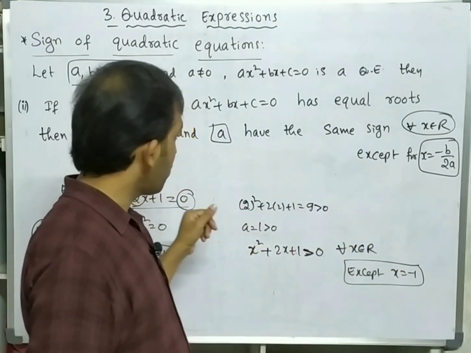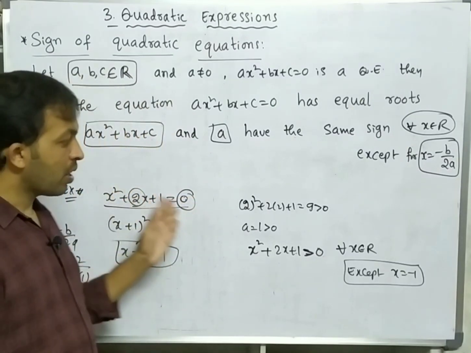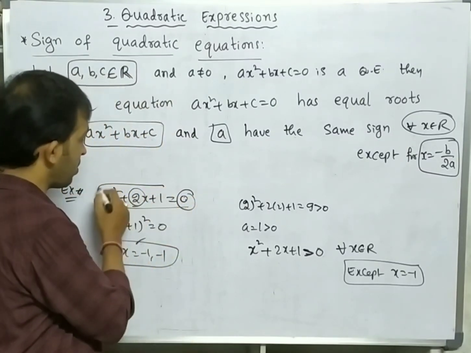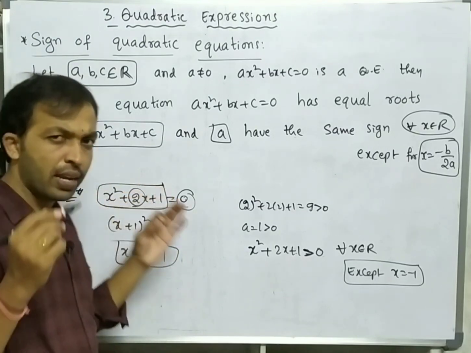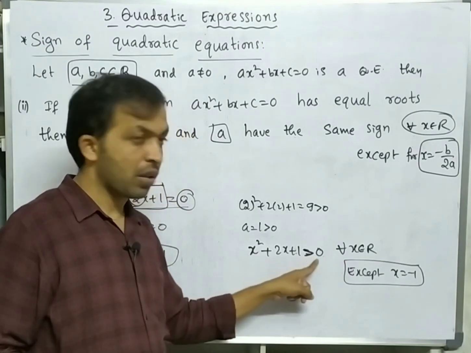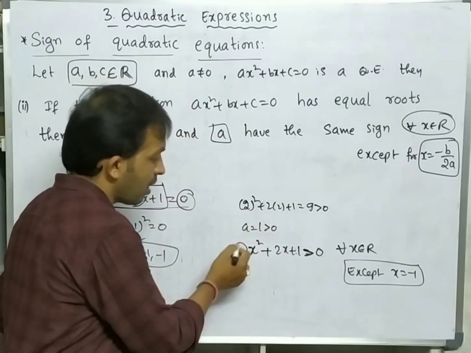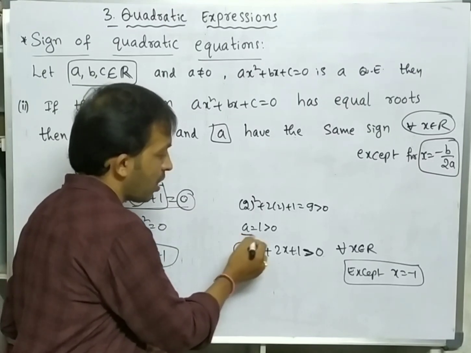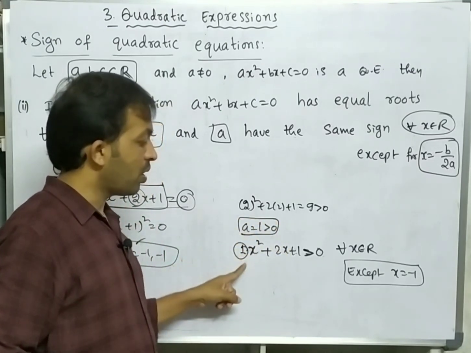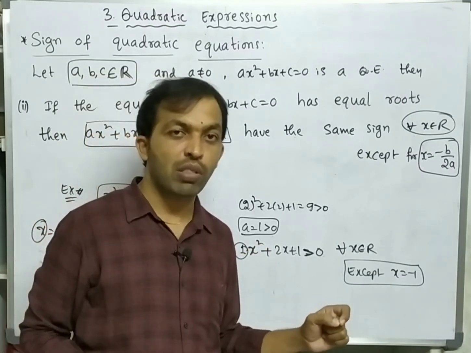Okay, now in this case this is a quadratic equation, right? So in this quadratic expression, if we substitute any real number except minus 1, then all are positive. So as the coefficient a is equal to 1, which is positive, this quadratic expression gives all positive values only.